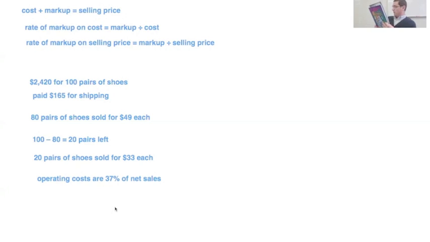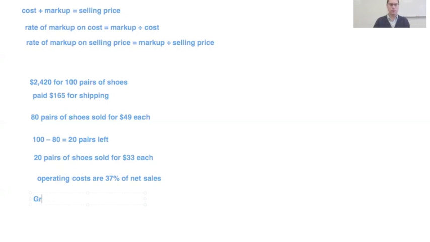I want to make sure of one thing. Does it say that any pairs of shoes were returned? Because that's important. Let me see here. Any pairs? Nope, nothing about any returns. Okay, good. So what it tells us to do is to find the store's actual gross profit.